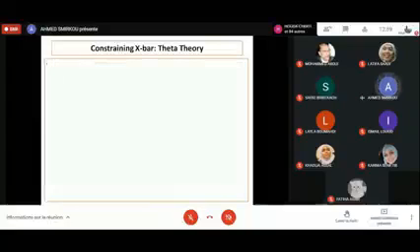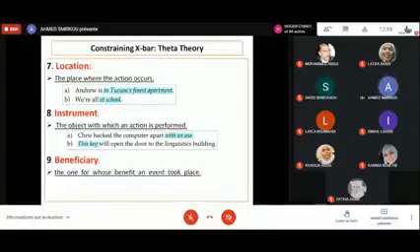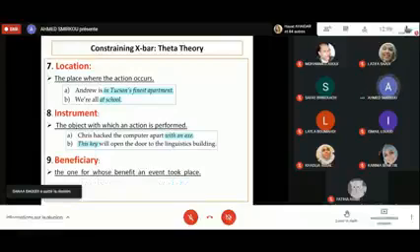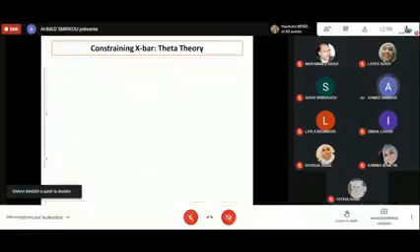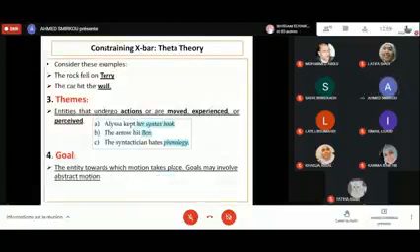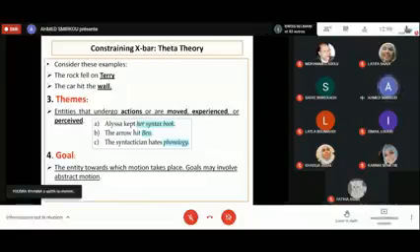Okay, so just to recap, number one is the agent, somebody who does the action. Number two is the experiencer, somebody who experiences something. Number three is a theme, the thing that undergoes the action. The goal is the end the action is directed to.